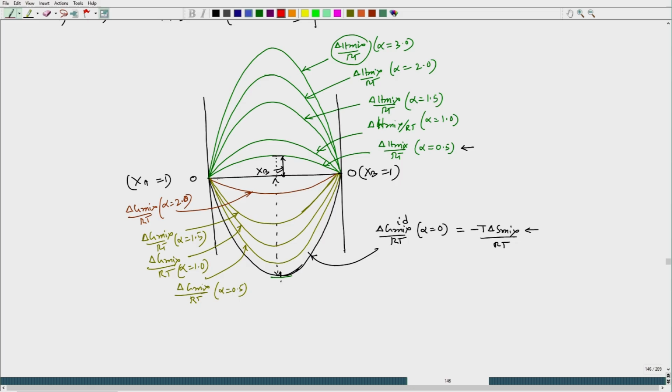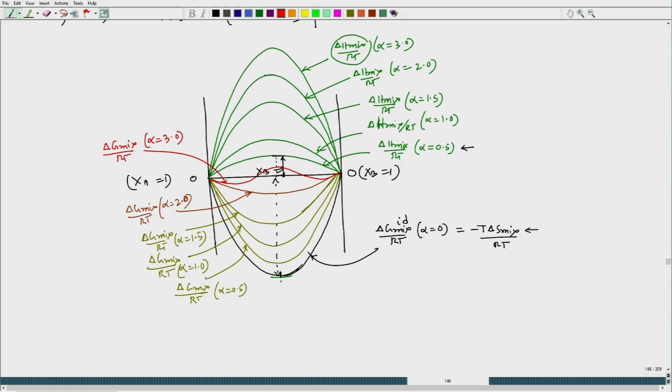So, the plot would be like this. Okay. I have drawn it, it will be symmetric. Okay. So, the red one is delta G mix by RT, alpha equal to 3.0.